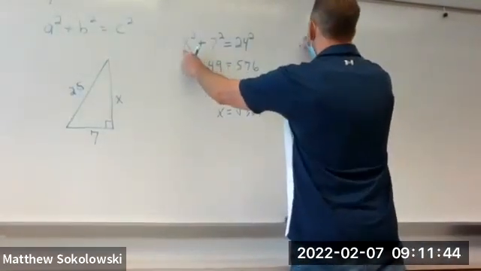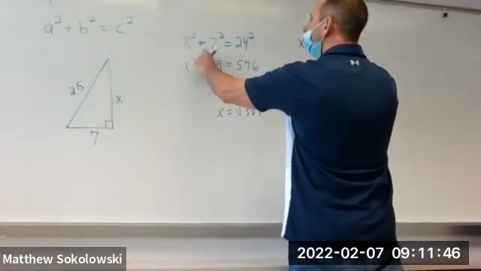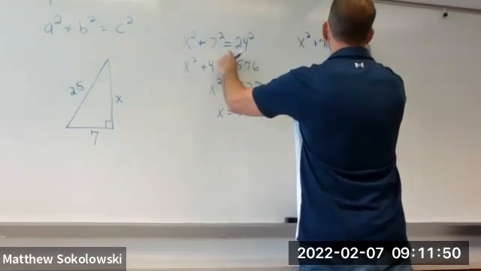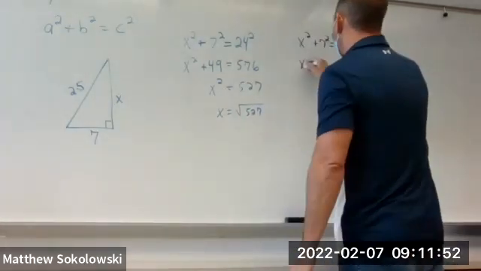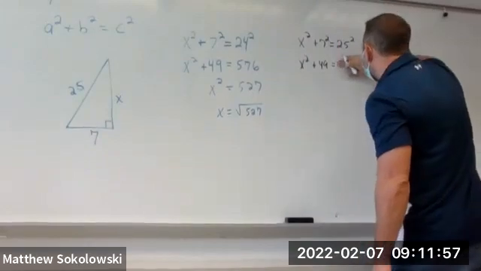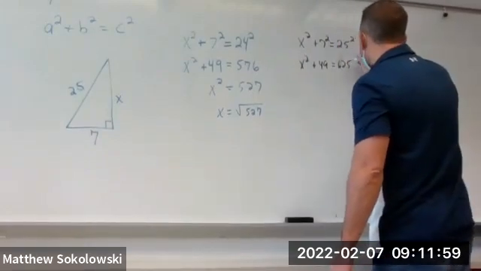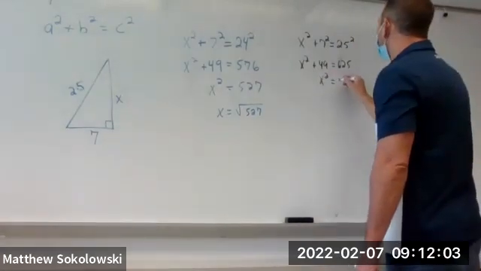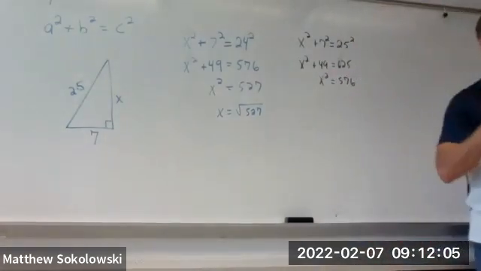Same steps, x squared plus 7 squared equals, now it's a 25 squared. Now watch what happens. X squared plus 49 equals 625. Subtract 49 from both sides. X squared equals 576.